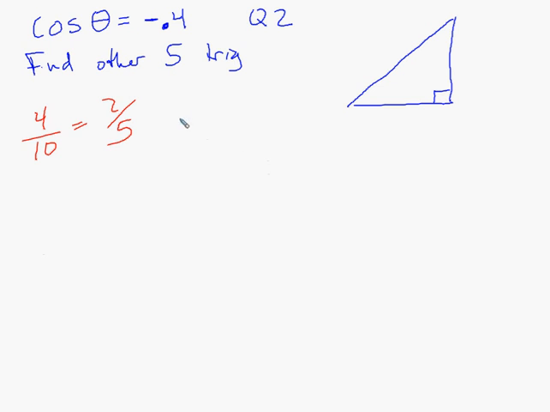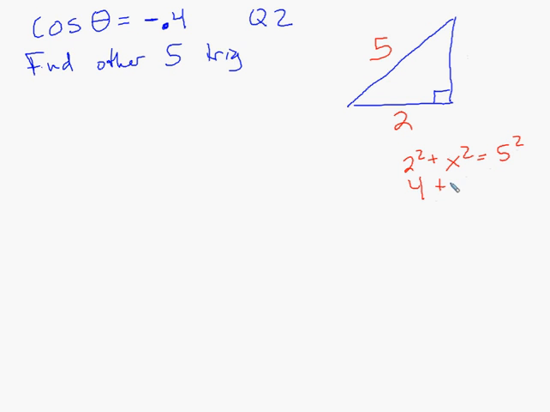So I get 2/5. So now my adjacent side is 2, and my hypotenuse is 5. And then I do Pythagorean's theorem using that rather than decimals. So now I have 2 squared plus x squared equals 5 squared.